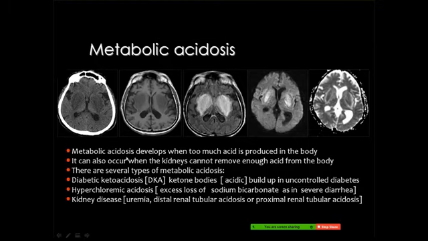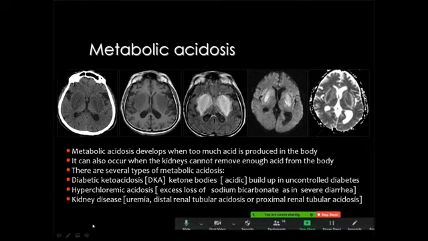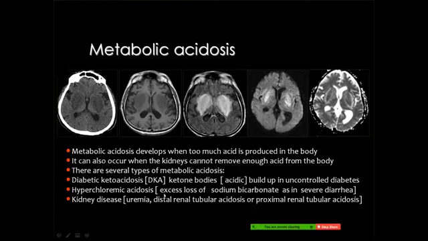Metabolic acidosis, as is written here, develops when there is too much acid in the body, and this occurs when the kidney cannot remove enough acid from the body. There are several types of metabolic acidosis, like diabetic ketoacidosis, with accumulation of acidic ketone bodies in the blood, or hyperchloremic acidosis, from loss of sodium bicarbonate in patients with severe diarrhea.